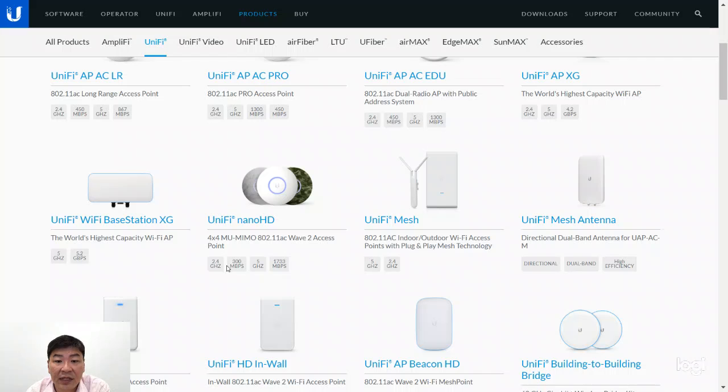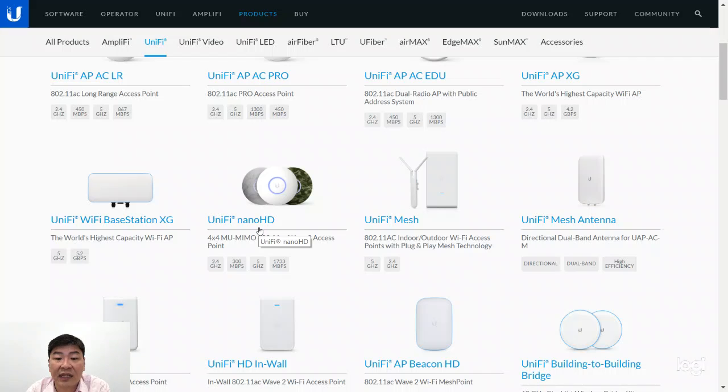You can see here the 2.4 is at 300 Mbps and the 5 gigahertz is at 1733. If you add them together, we classify the Nano HD as 11AC Wave 2 2100. Similarly, it also has 1 gigabit port and uses the 802.3af standard for PoE.